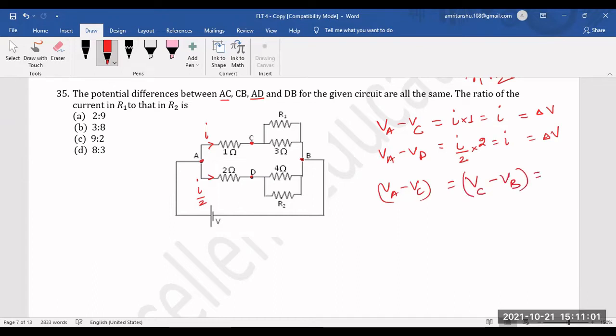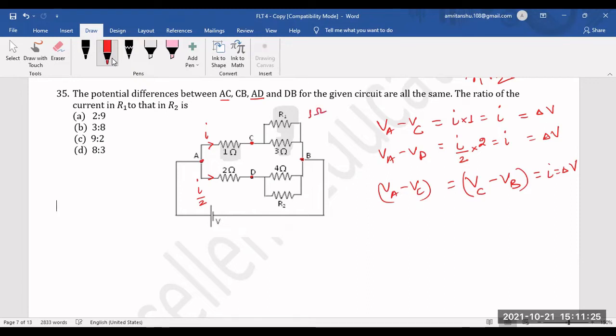Correct. And this should again be equal to I, which in turn equals delta V. Now please try to think on this question very cleverly. Look here, if my resistance is 1 ohm, I mark this. So this net resistance should also be 1 ohm.